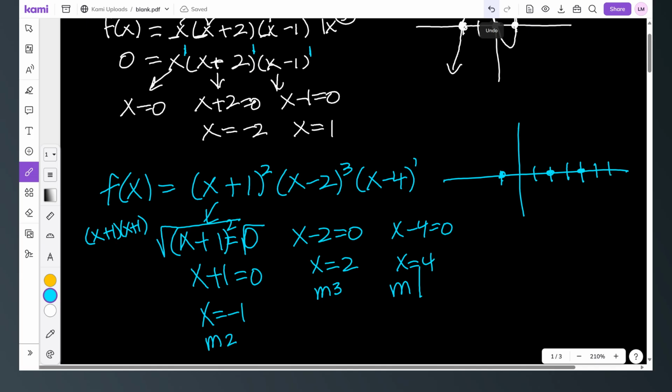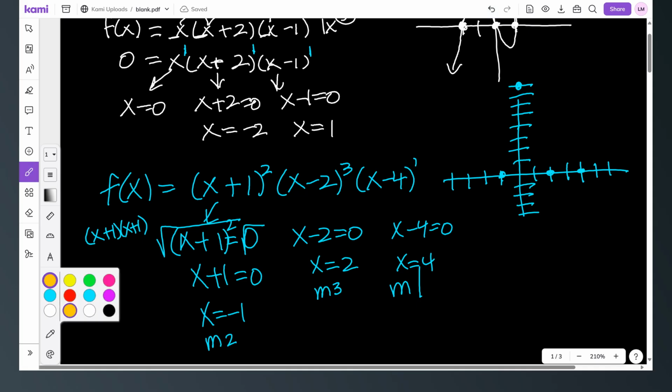Now you can plug in other points, other x values to find other points. Like I could plug in 0 to find my y-intercept. So when I plug in 0 for x, if you think about that, I plug in 0 here, here, and here. I have 0 plus 1 squared, x minus 2, or 0 minus 2 cubed, and 0 minus 4.